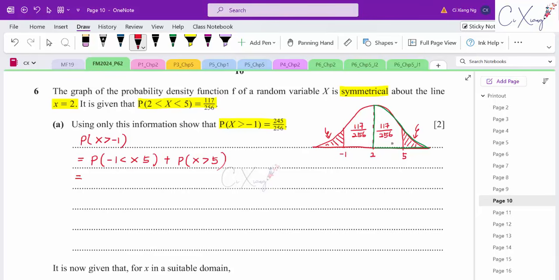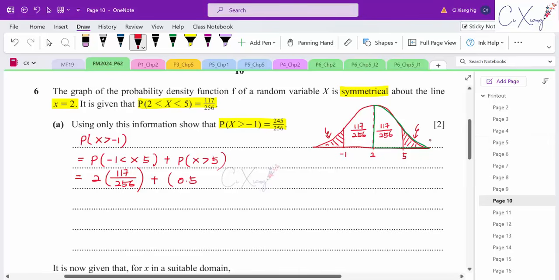From -1 until 5, like what I showed you just now, it is actually 2 times 117 over 256. Then plus, for the area of x greater than 5, like what I told you just now, you can take 0.5, the green color one, half of the graph, minus the 117 over 256.